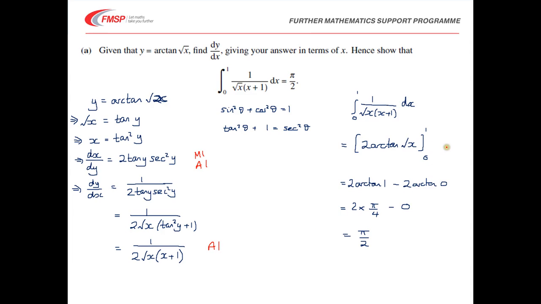For the second part of the question, there is a method mark for having something times arctan root x, and an accuracy mark for that something being 2. And then there's another accuracy mark for completing that working to the given answer of pi over 2.